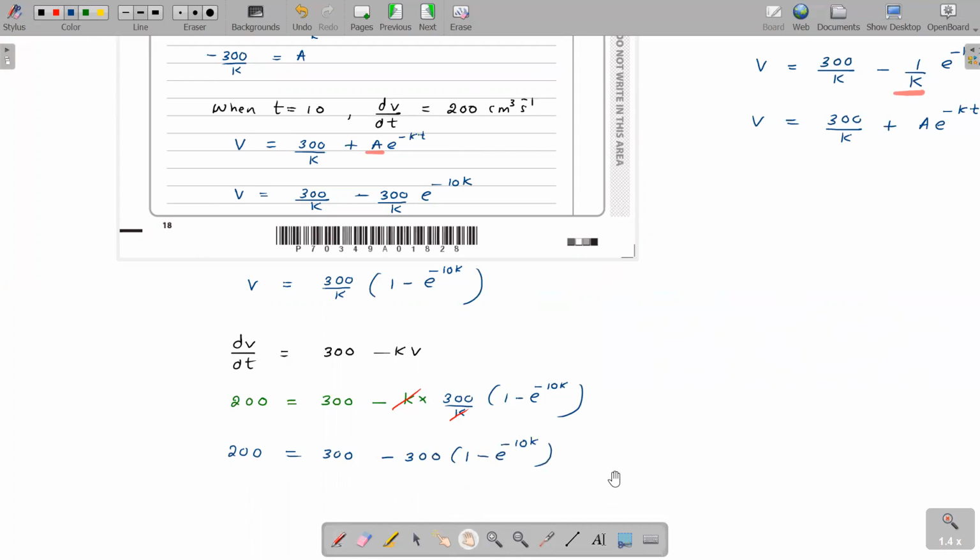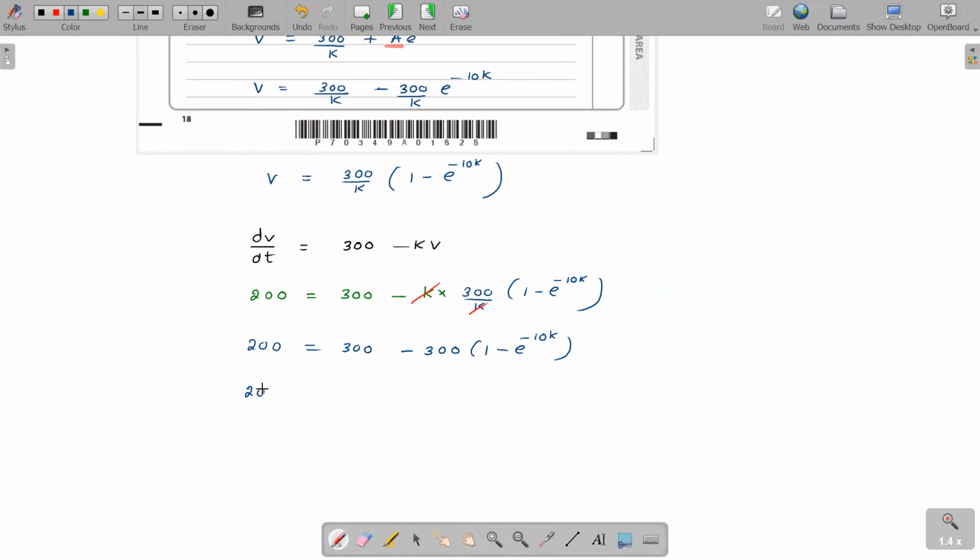Our end task is to make k the subject. 200 minus 300 is minus 100, equals minus 300 times 1 minus e to the power minus 10k. You want to take the minus 300 to the other side as a division.